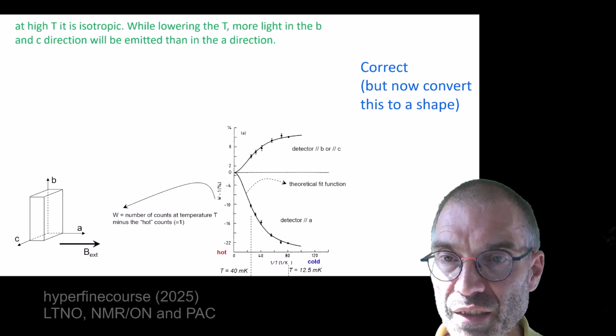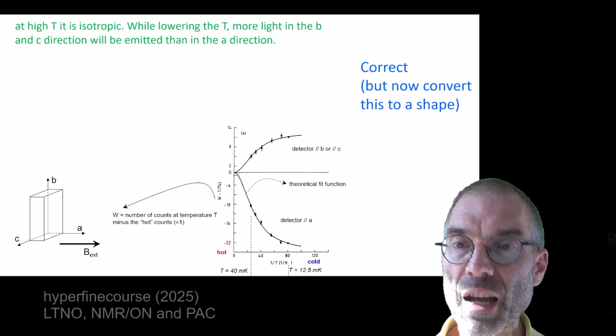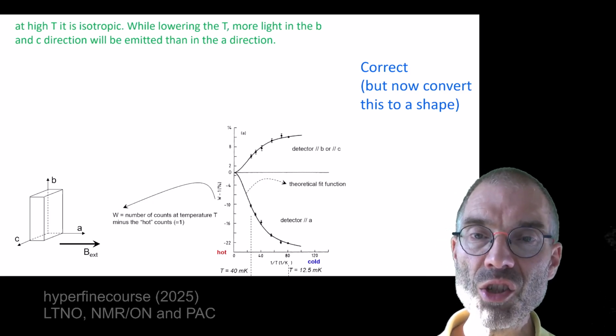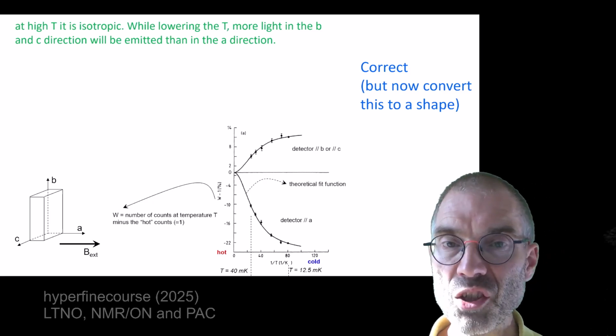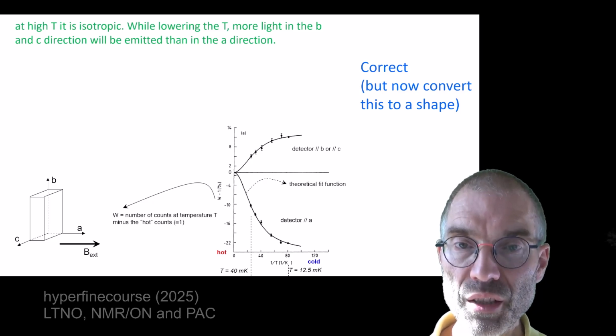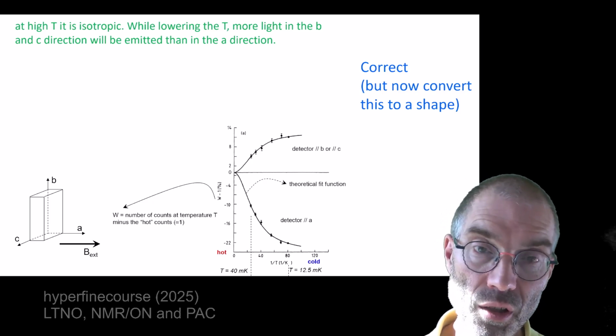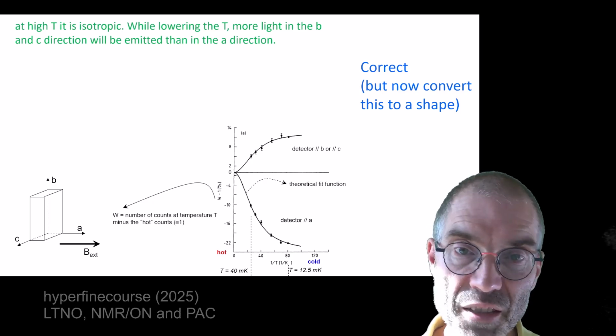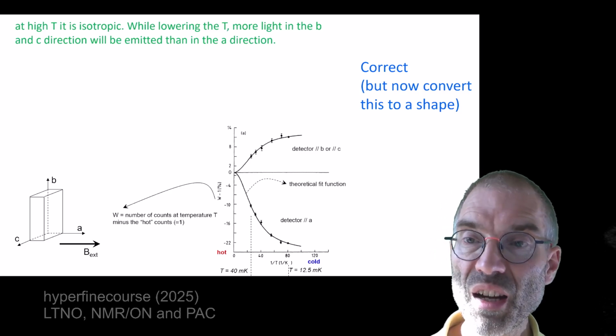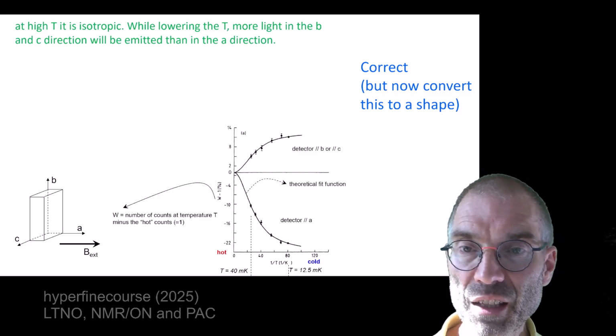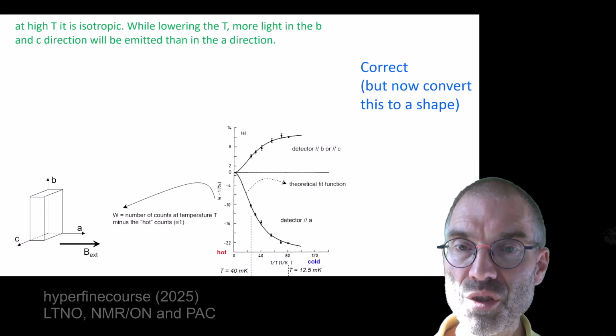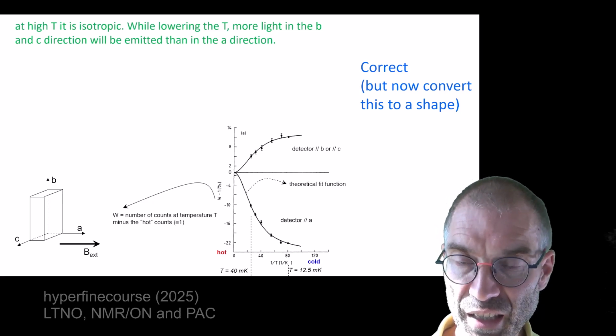Another answer: at high temperature there is isotropic emission of radiation, the same in all directions. When you lower the temperature, more photons are emitted in the B and C direction, and fewer photons will be emitted in the A direction.